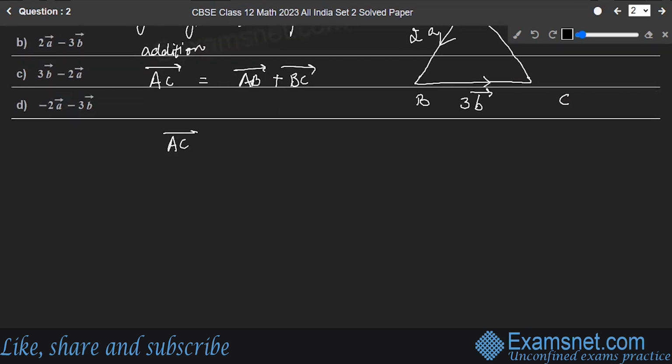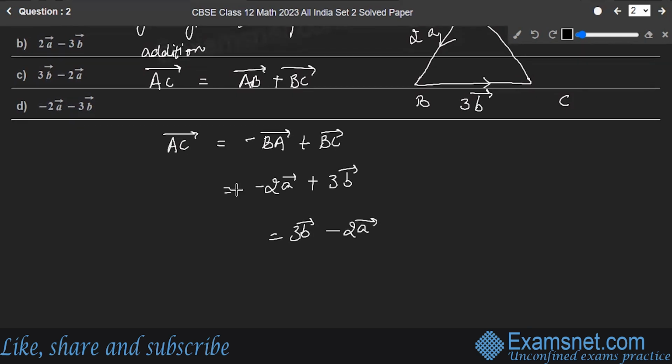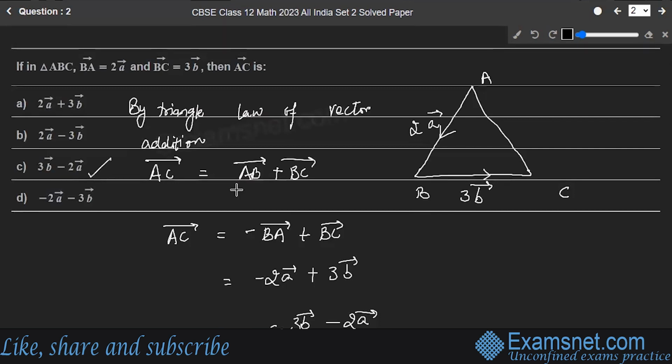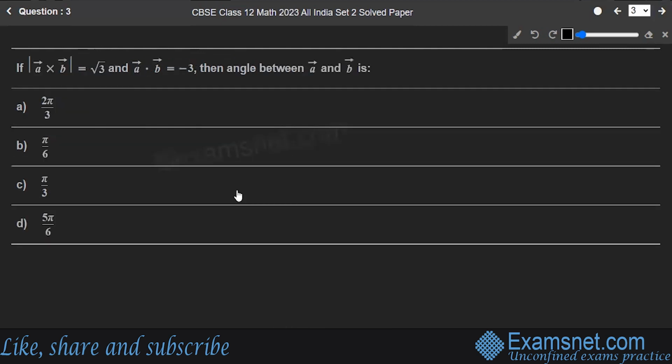That gives you AC vector is equal to minus BA vector plus BC vector. And what is that? This is equal to minus 2a vector plus 3b vector, or this is 3b vector minus 2a vector, which is your option C. Hope you understood.